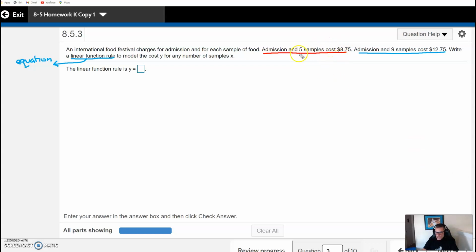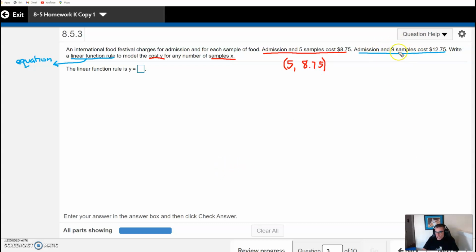So they're actually giving us a coordinate pair here, right? Samples is x. And the total cost is y. So this little statement right here actually represents the point 5, 8.75. So there's my first coordinate pair.